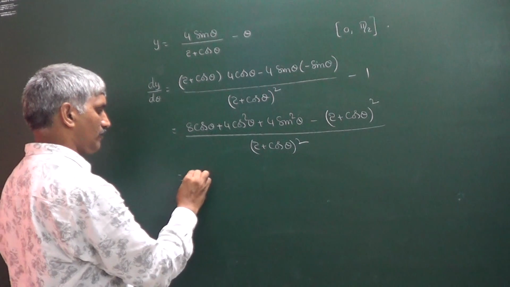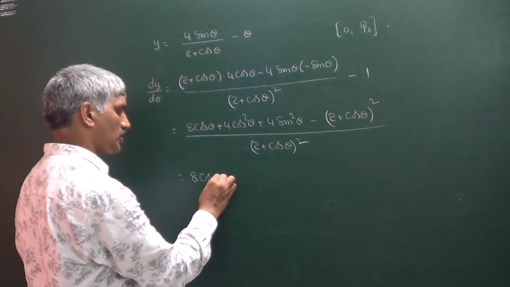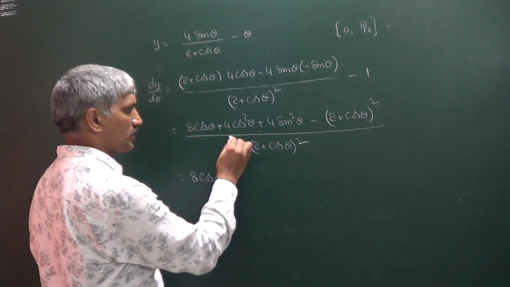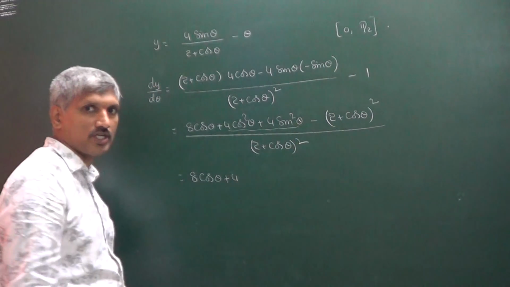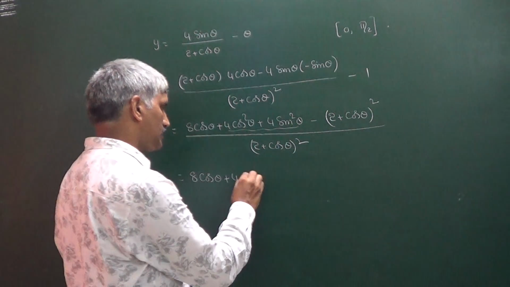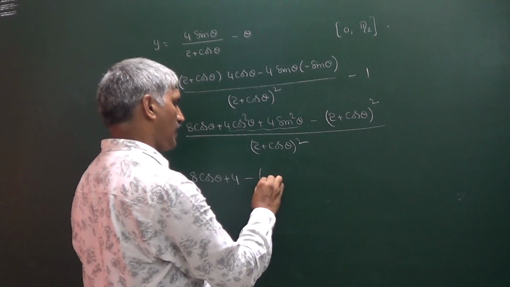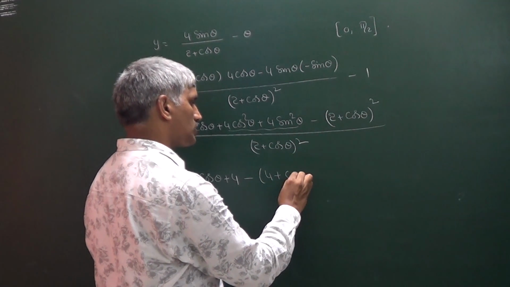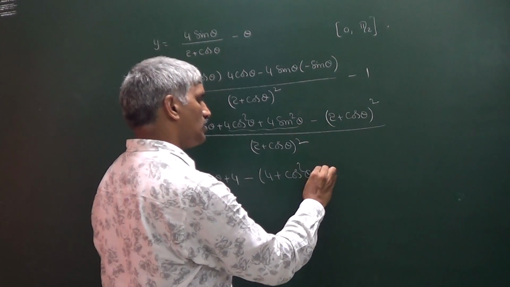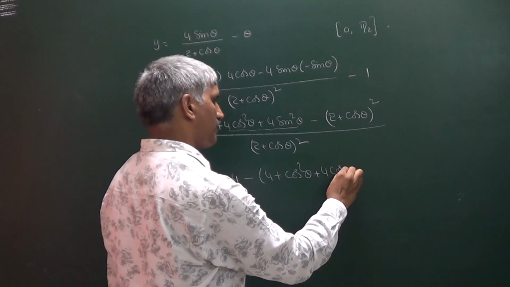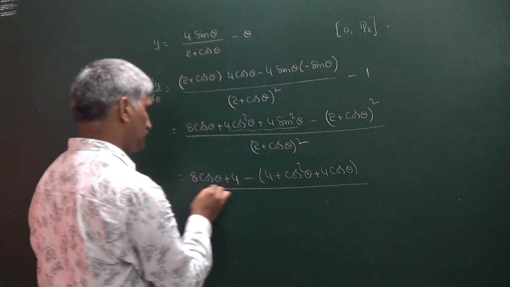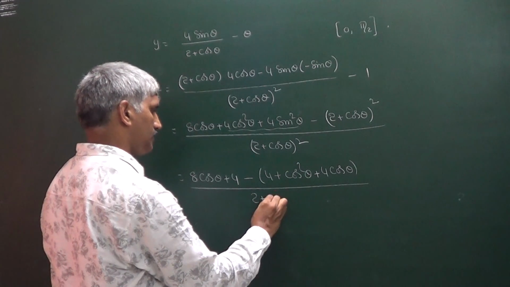Now check the simplification here: 8 cos theta plus 4, because cos square theta plus sin square theta is equal to 1, minus, what about this expansion? 4 plus cos square theta plus 4 cos theta, divided by 2 plus cos theta whole square.